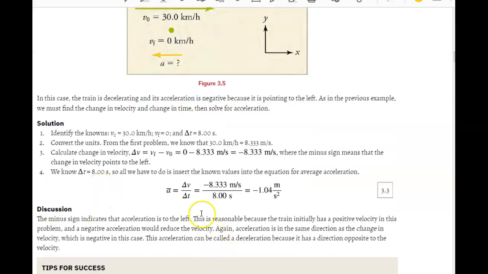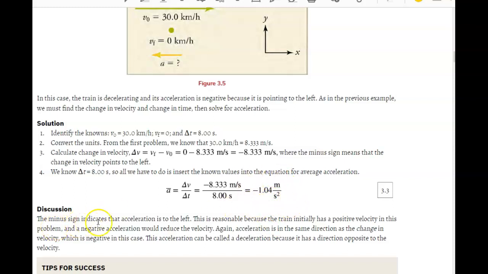So now all you're going to do is take 0 minus the 8.33, so it becomes negative 8.33, and you're dividing it by 8 seconds, so it comes out to be minus 1.04 meters per second squared.